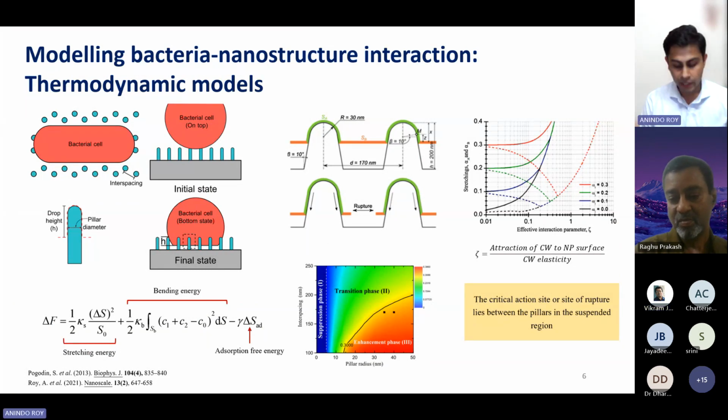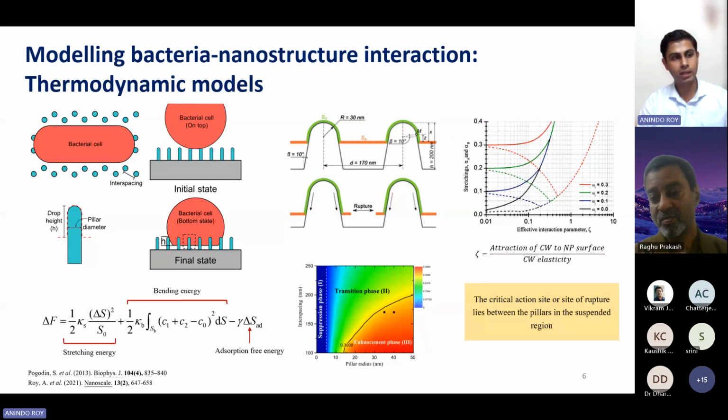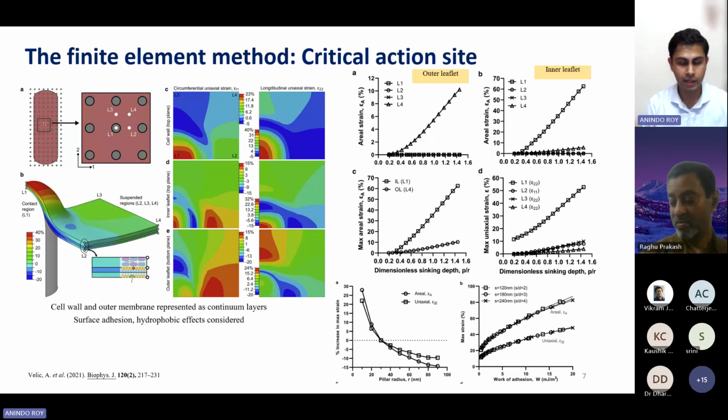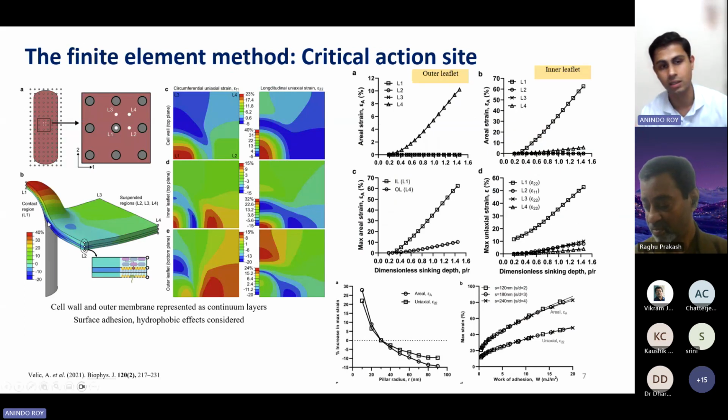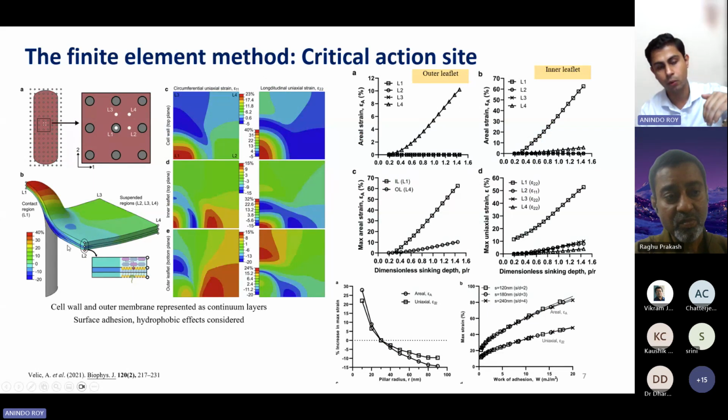Right. Yeah. So, sir, actually, the interactions are similar, but the way the interactions are then calculated is different. So, for example, in case of your finite element model, as you can see here, what we are basically doing is we will apply a downward force with increasing radius on the lower layer.